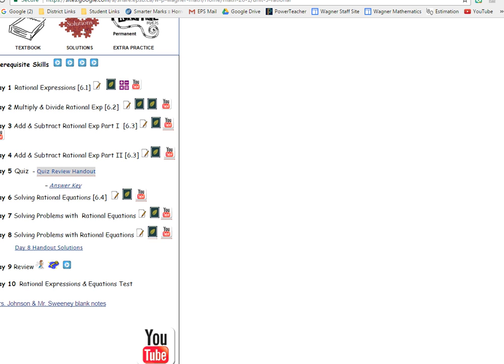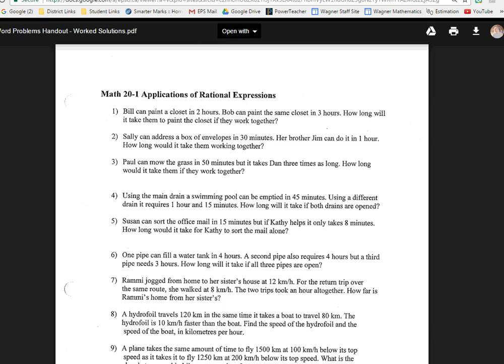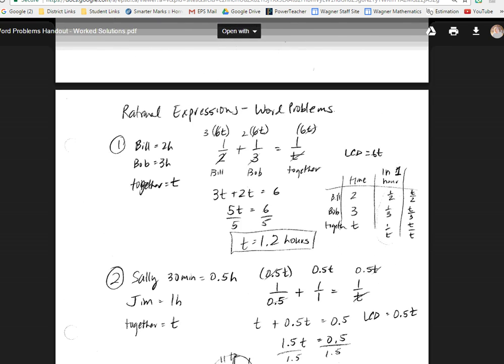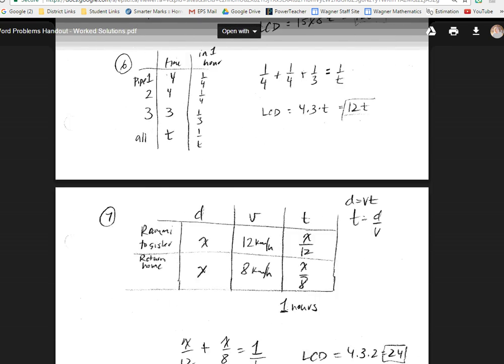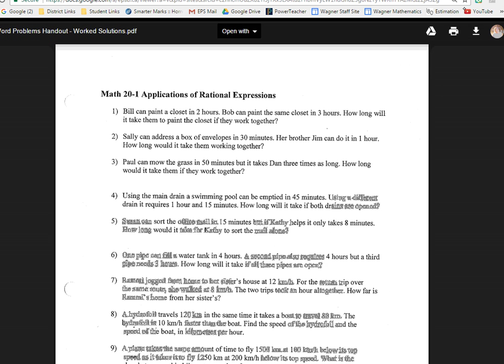So day 8 handout solutions, those are the worked out solutions. If you're stuck on the handout, the answers are at the bottom, but if you're not sure how they got them, click on that, and there's the handout and the worked out solution for each one. So you don't have to stress.